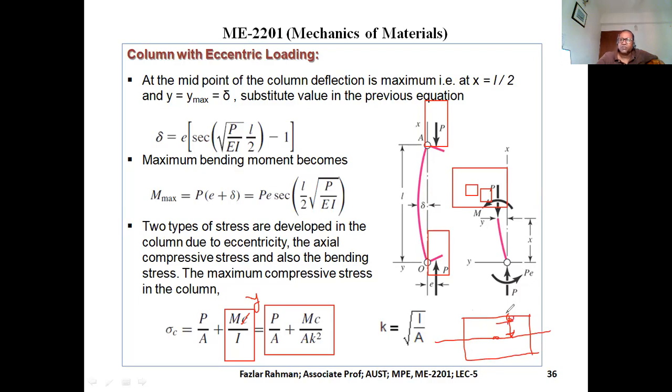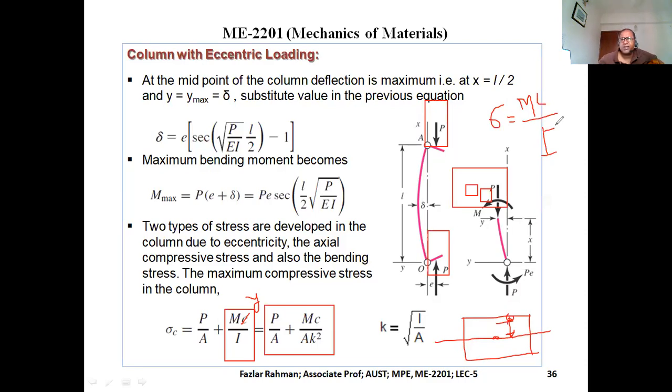Where is the bending stress 0? Not bending moment, bending stress. What location is bending stress 0? Anyone? Sir, middle. At the neutral axis. Good.